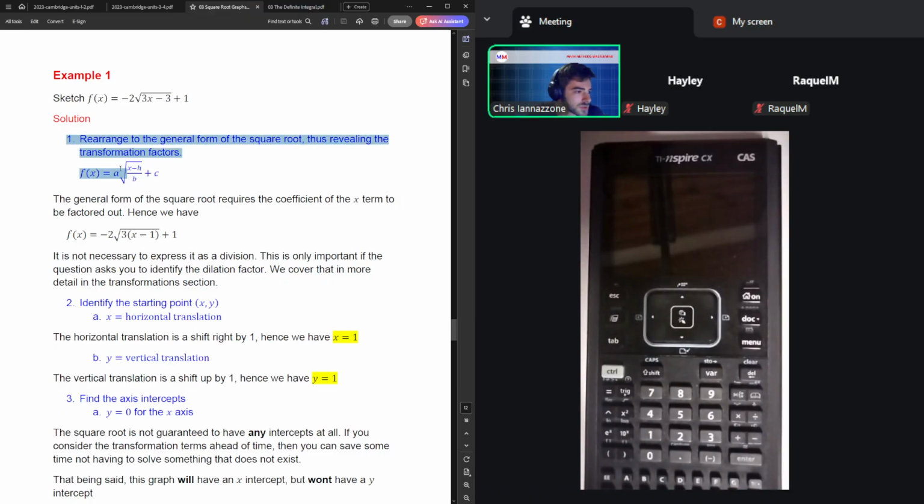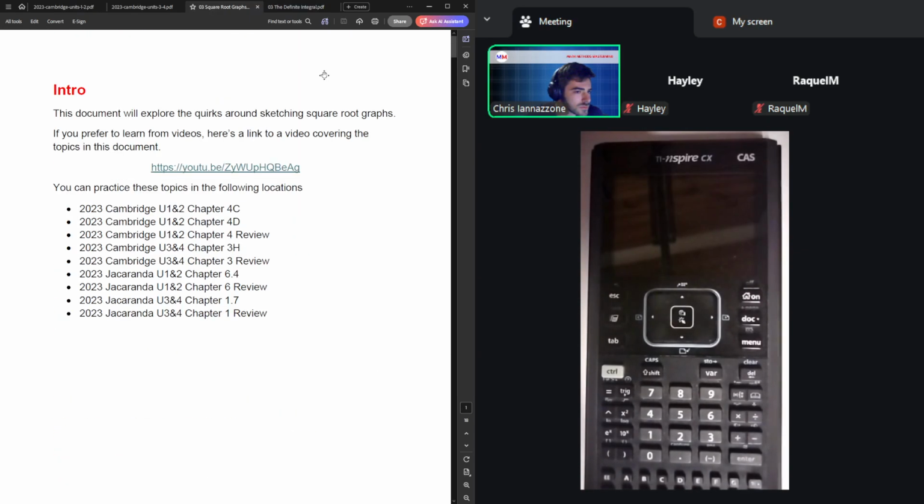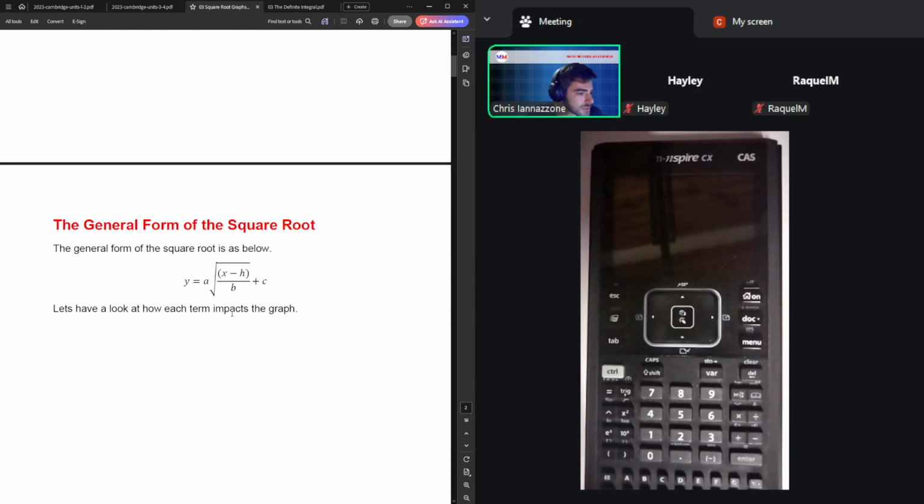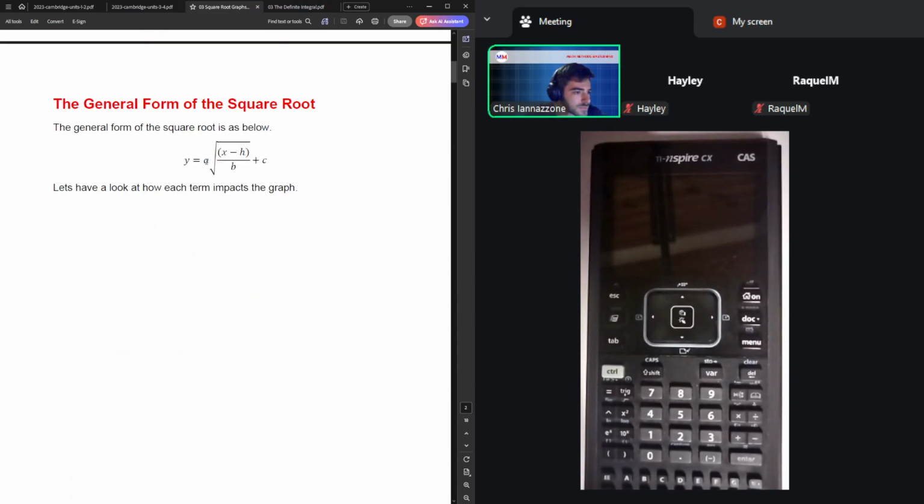Cool, okay. So step one in pretty much any of my procedures for sketching graphs is I'll always default to trying to rearrange whatever graph I have to its general form. We kind of skipped on this quite early on when we had a look at this. This is what it looks like when the square root has all of its key features rearranged in an easy to digest way.